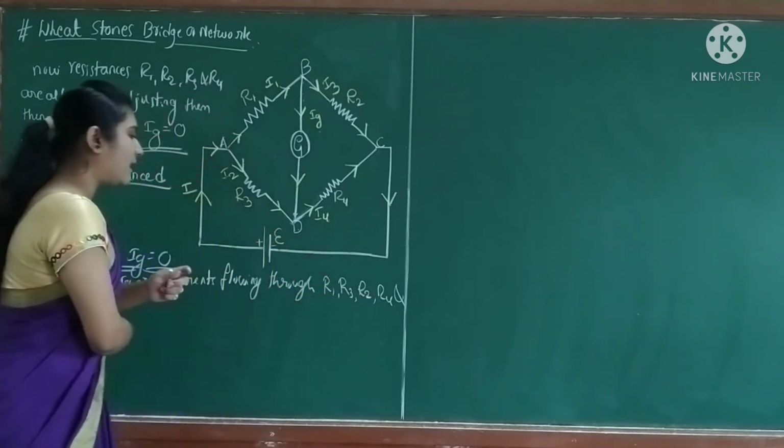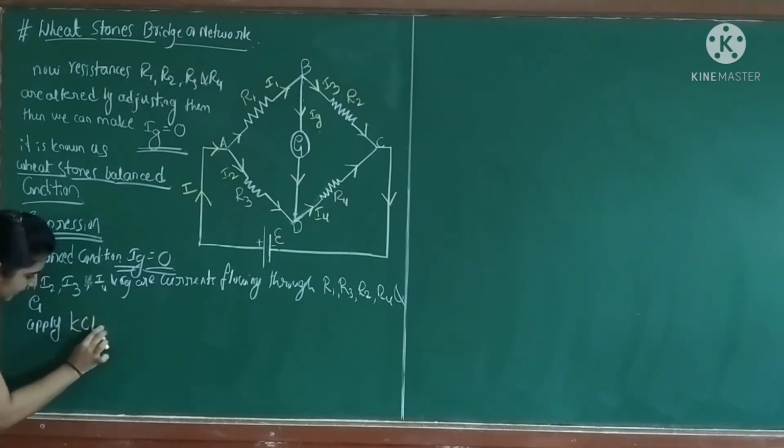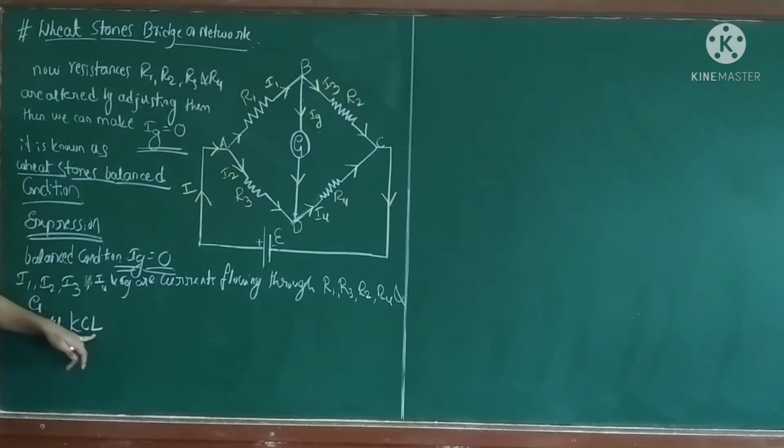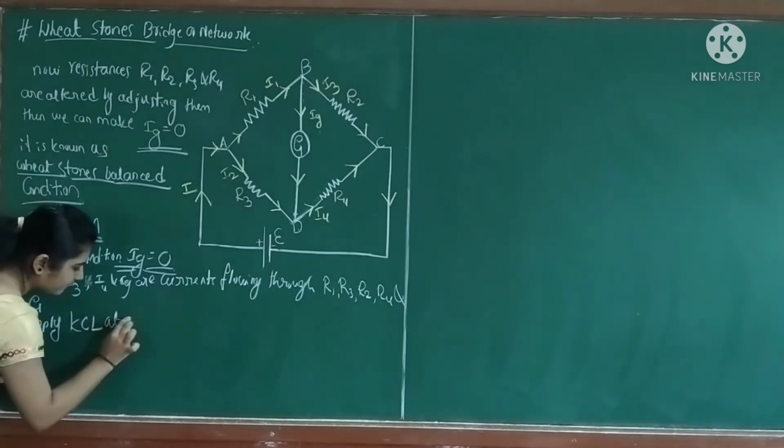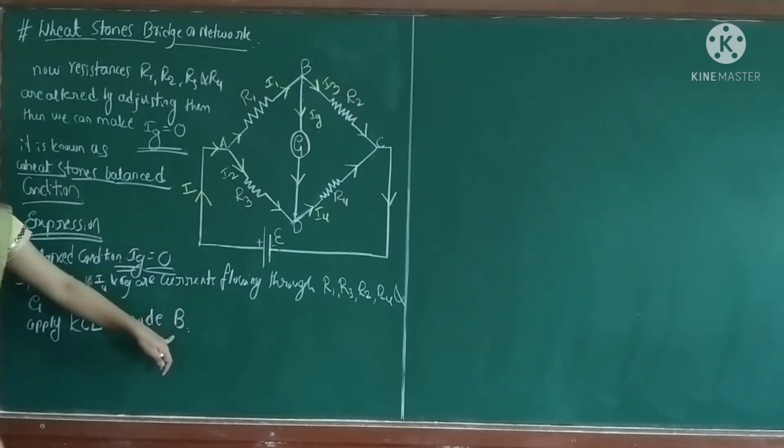So just apply it. Apply KCL, Kirchhoff's current law, at node B. Which one is node B?